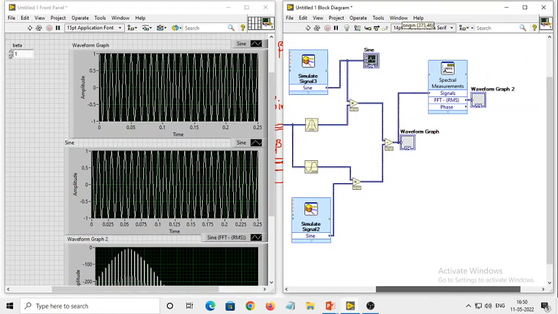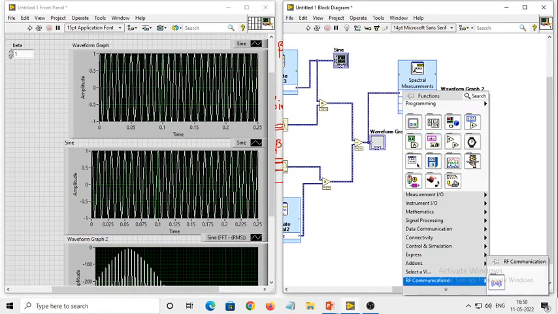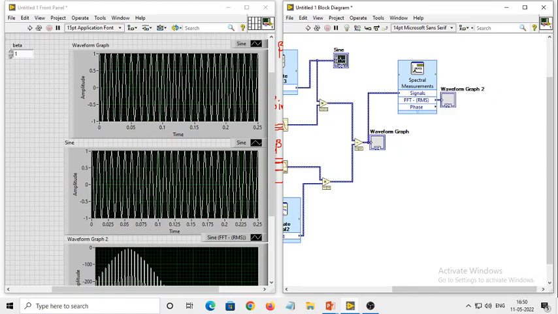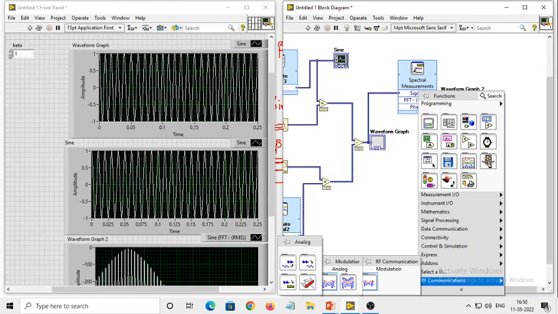For this demodulation we require 2 extra blocks from RF communication. Okay, so I will first place those 2 blocks and then we will have an explanation regarding how to do the demodulation. Right click, RF communication, modulation. Since we are doing analog modulation, you need to go to analog, and in this we are doing demodulation.